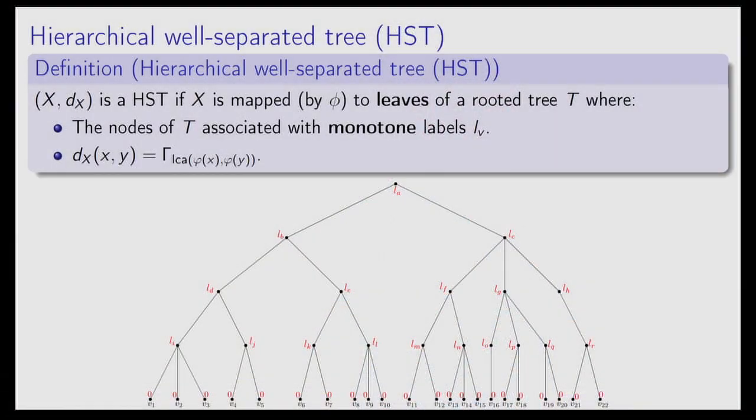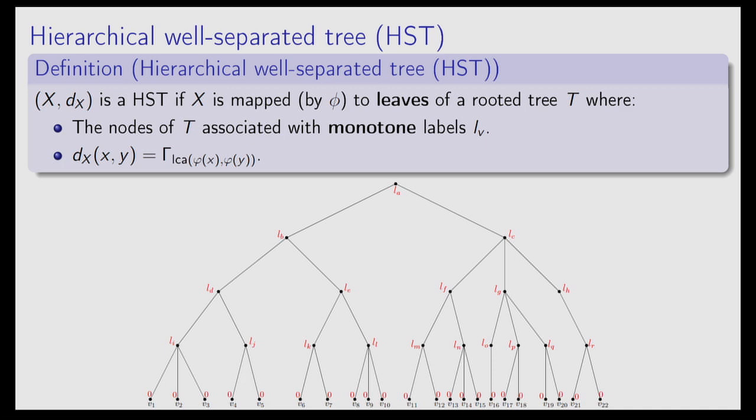The first thing to know about this is the notion of ultrametric, or HST, hierarchically well-separated trees, which is a very structured type of tree. One way to define it is using the strong triangle inequality, where you use max instead of plus, but here is an alternative definition that will be useful for us. We say that a metric space is an HST if you can map the metric points into the leaves of a rooted tree, such that each node has a label, and these labels are monotone.